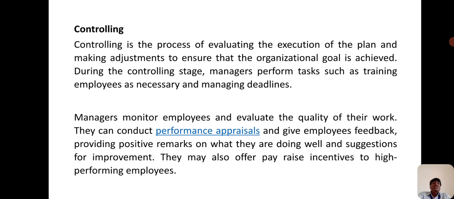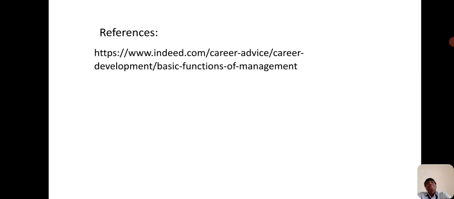That feedback is to be given to them, and as far as possible, such feedback must be given in a positive way. You must also suggest the different ways of improvement. If he is really good, you must appreciate also. Thereby, you may also offer a hike in the incentives for high performing employees, which motivates them to work better. So this is relating to controlling.